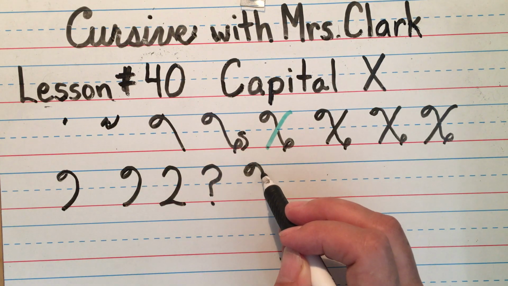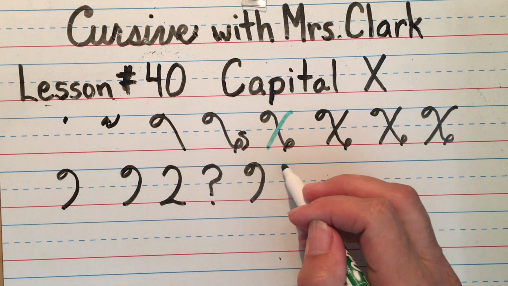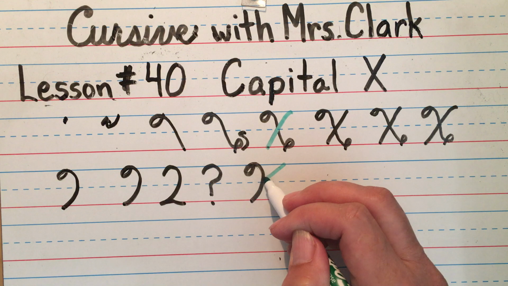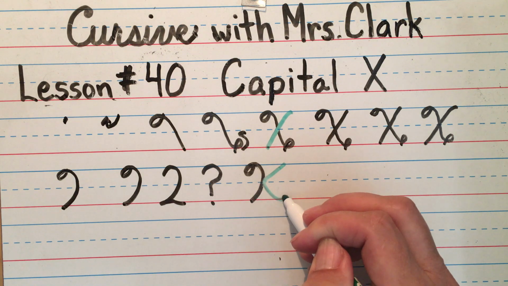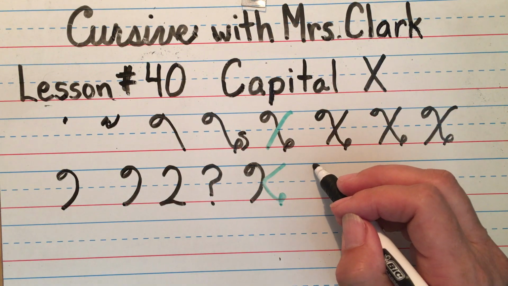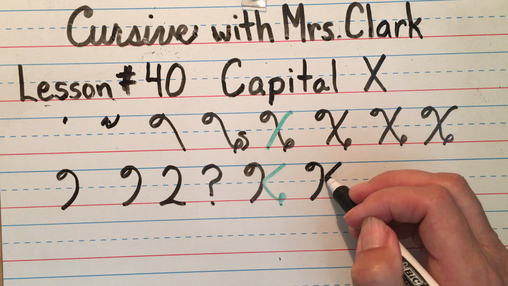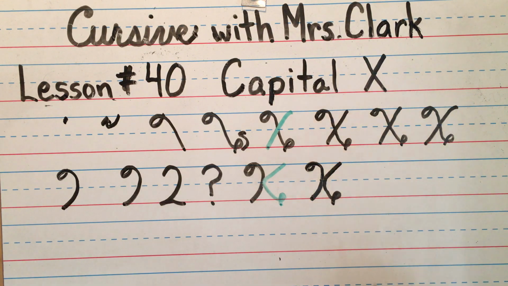So it's curve in that direction, and then the second line starts on the head and touches it and then loops this way. Now, if you're like me, you might be able to see the difficulty with making it this way. I don't like it because it doesn't cross. An X is supposed to cross.